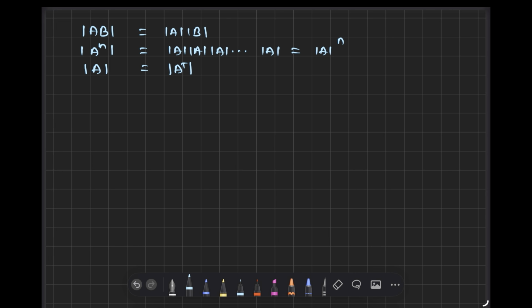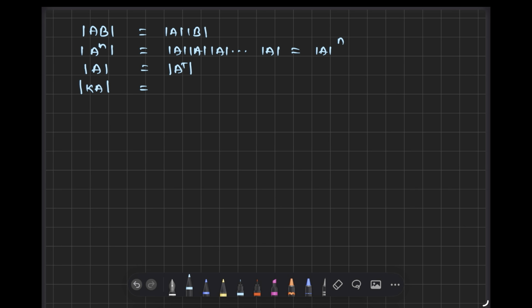Now look at this point, k times A. A is a matrix in which you have multiplied k. If you multiply a number to a matrix, you multiply it in every element, and now you have to find its determinant. Suppose it is a 3 cross 3 matrix.